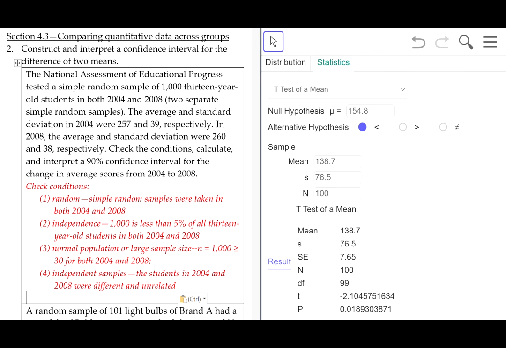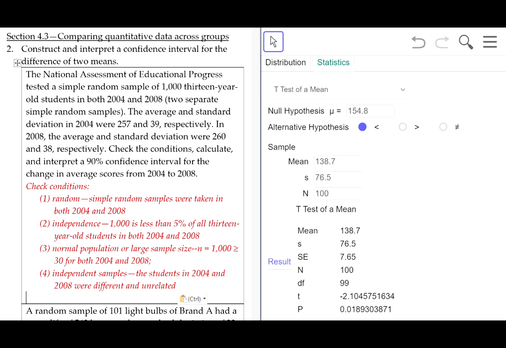Those are both above 30, and so our sample size is large enough, even though we're not told the shape of the distribution. And fourth, since we're dealing with two different groups, we need those two samples to be independent of each other. The students in 2004 and 2008 were different and unrelated. So these are independent samples as well as independent individuals within each sample.